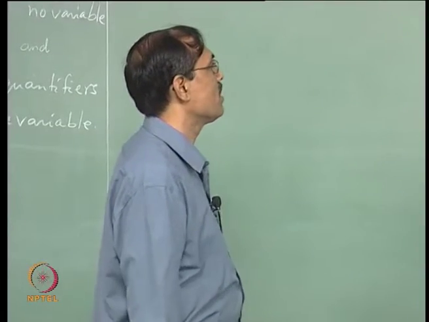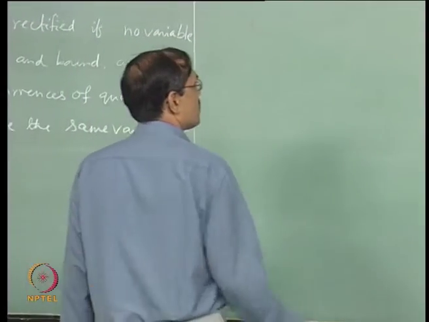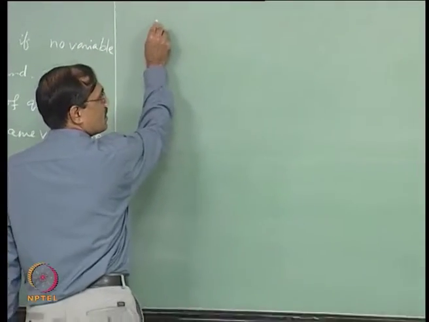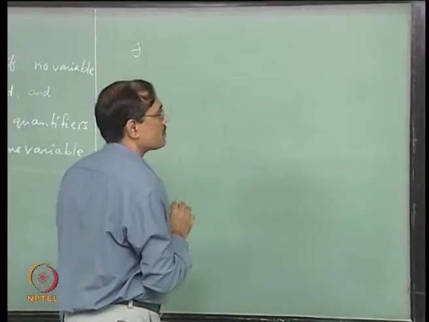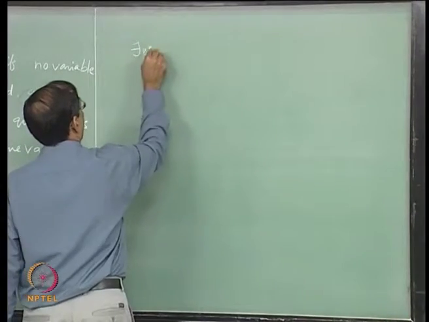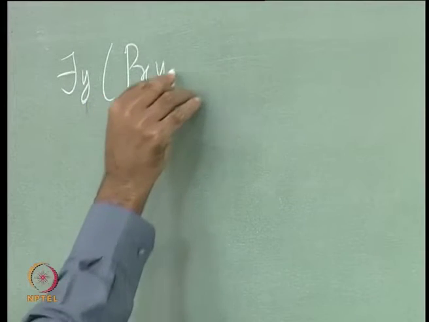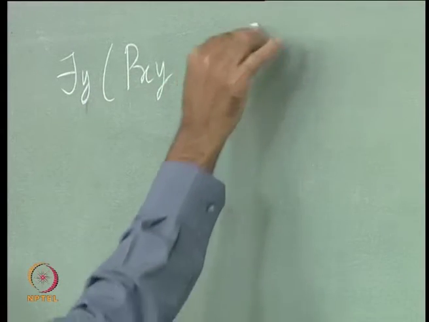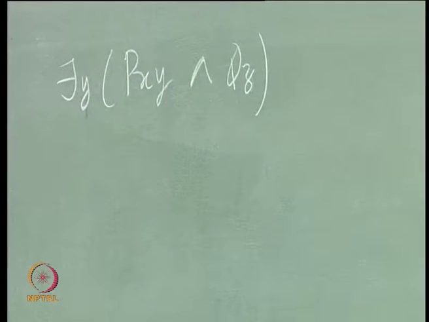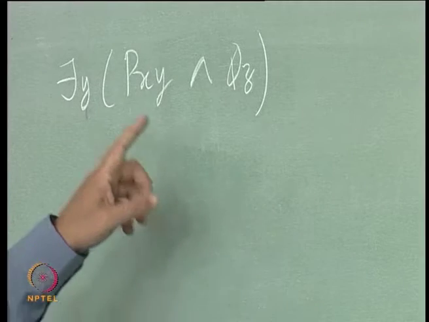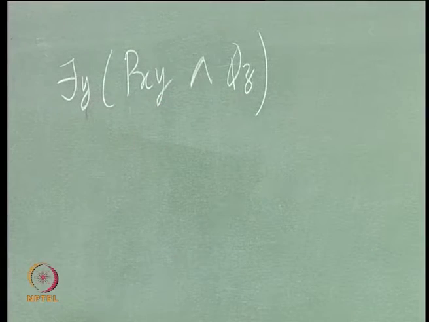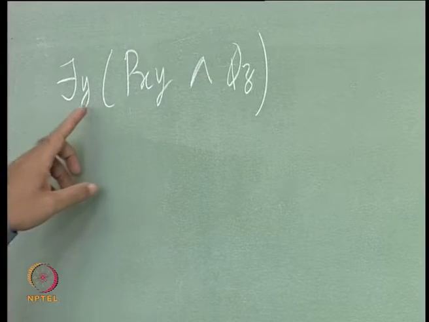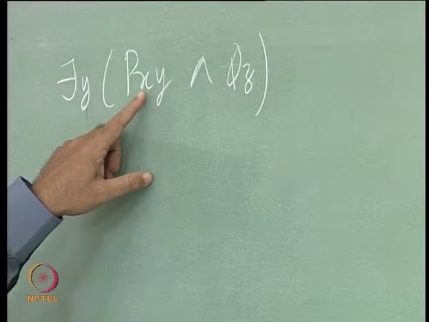Let us see how to rectify. So, let us take this example. There is y, p x y and q z. Now, is it rectified? There are three variables occurring in this formula, x, y and z, and you see x is a free variable and x is not bound.